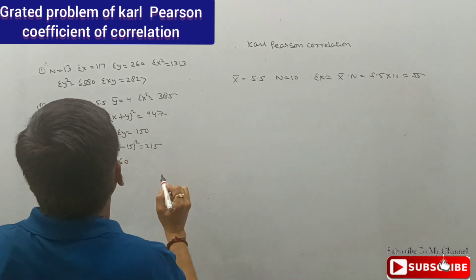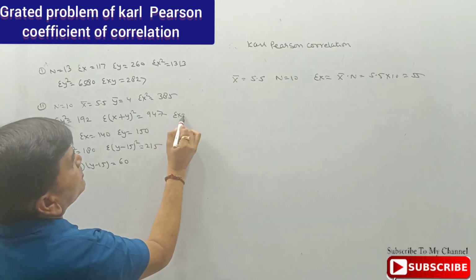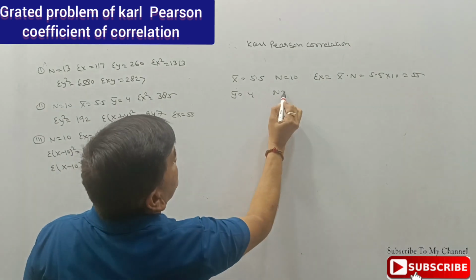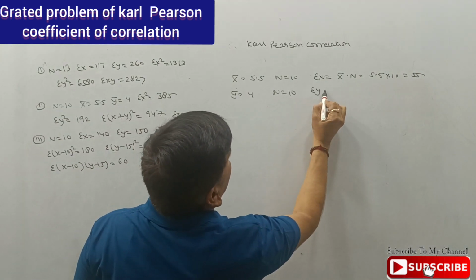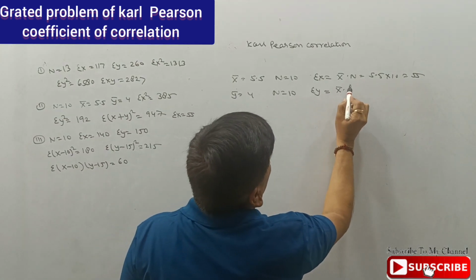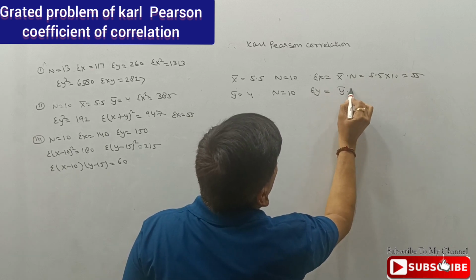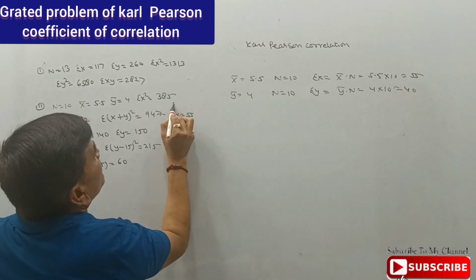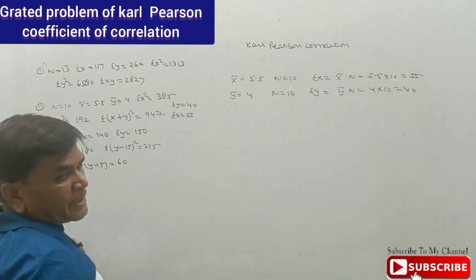So sigma x is 55. y bar is given 4, n is 10, so sigma y is 4 times 10, that is 40.